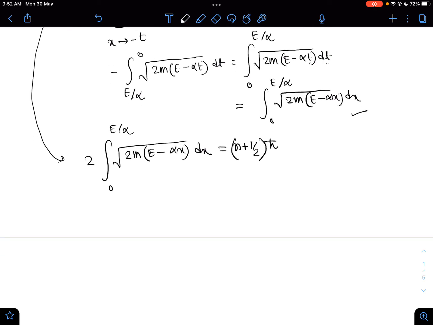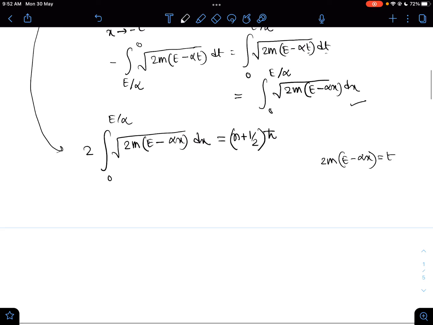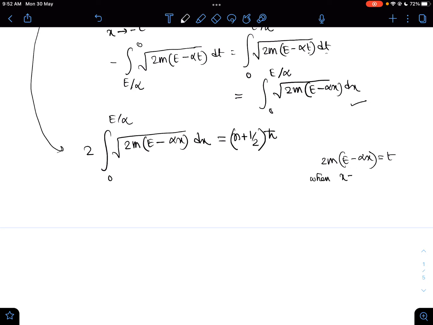So now let us replace this term. Let us consider this to be t. So what will be the integration limit? When x is 0, we have our t to be 2mE, and when x is E by alpha, we have our t to be 0.